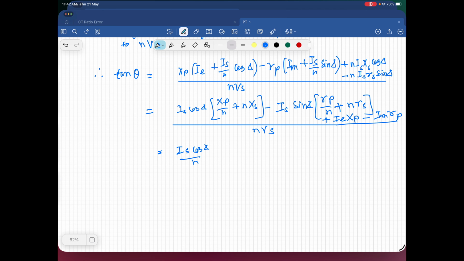Is cos delta by n, Xp is the equivalent reactance of the primary side it is.